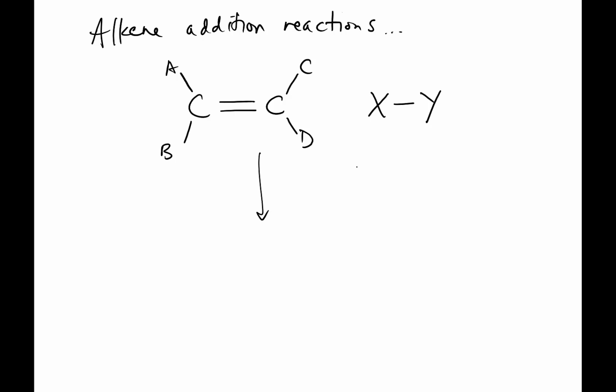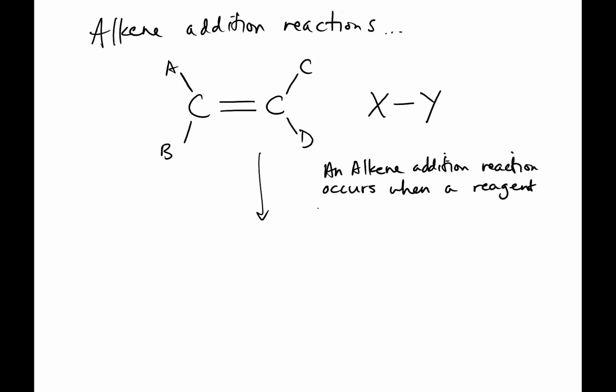So let's write this. An alkene addition reaction occurs when a reagent, in this case we're calling XY our reagent, is added across the carbons of the alkene, or the double bond.